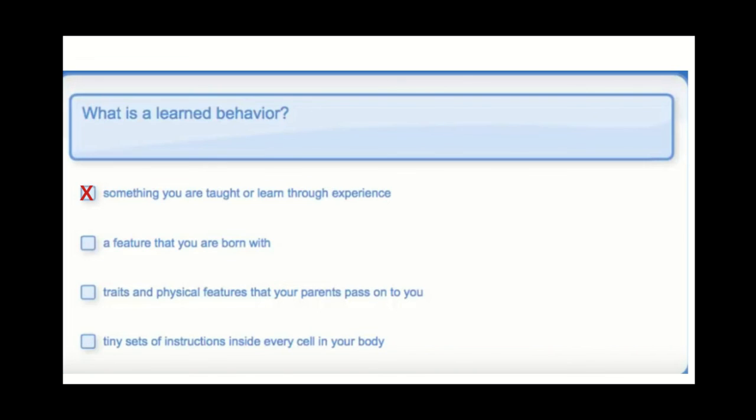Traits and physical features that your parents passed on to you. It means the same, how your body looks, physical. And the last one, thin sets of instruction inside every cell is your DNA. So your genes and your DNA are thin sets of instructions.